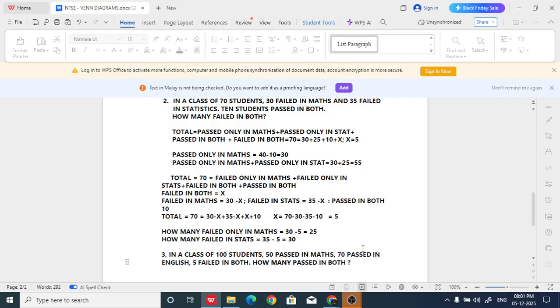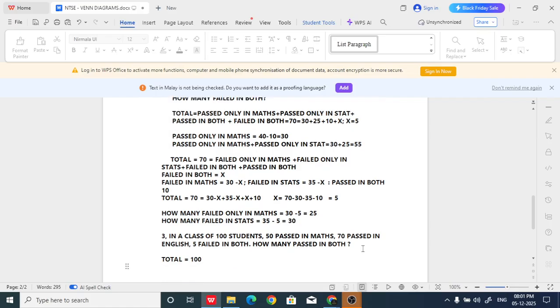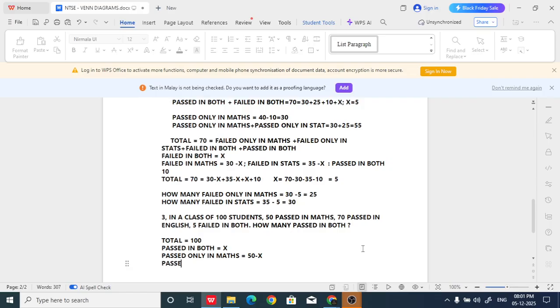So this is typical. Here again total is equal to 100. Let's say we keep passed in both as x. So how many passed only in mathematics? 50 minus x. Passed only in English, 70 minus x.